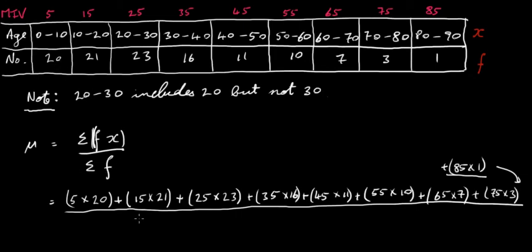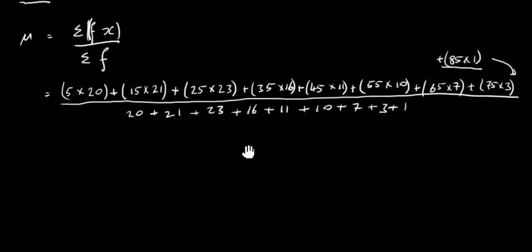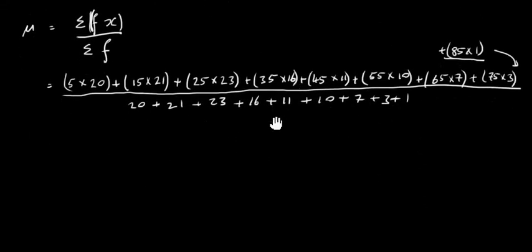So in other words, there were 20 people, there were 21 people, there were 23 people, and so on. 16 plus 11 plus 10 plus 7 plus 3 plus 1. Okay, so that's the hardest part really. We've got all our information into a big calculation here, into a big term here. So what we've got to do is actually work this out.